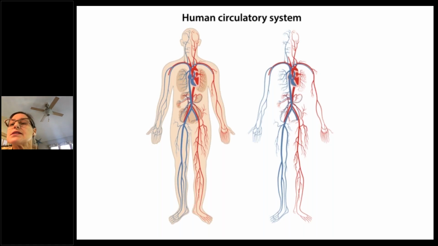And as you see, there are only veins on the left side of the body and arteries on the right, and that's not true. That was just because it would be too cluttered to put all the veins and arteries that occur in your leg and in your arm all in the picture on top of each other.